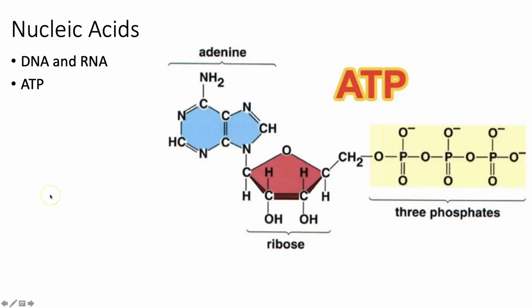And phosphates are really interesting. It's phosphorus with lots of oxygens. You'll notice normally you should only have 4 bonds max to something, and so the phosphorus here actually has 5 bonds, 1, 2, 3, 4, 5 with that double bond. Plus this oxygen has an extra negative charge. And so the bonds between these phosphates are incredibly energetic.